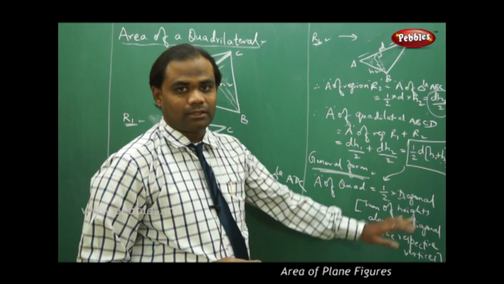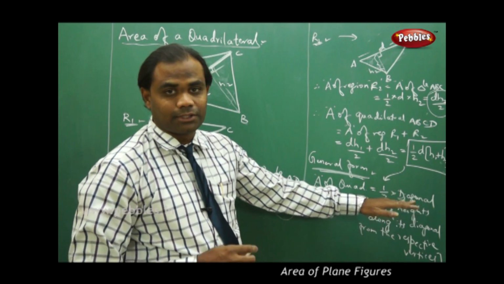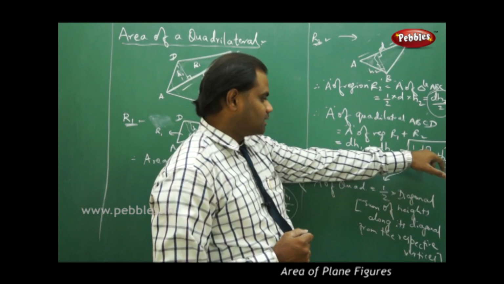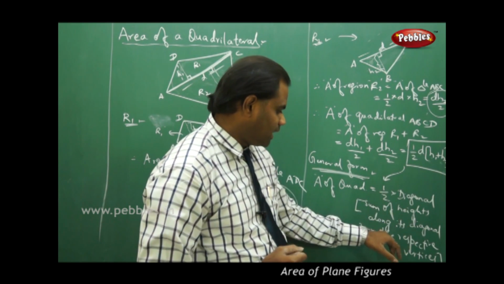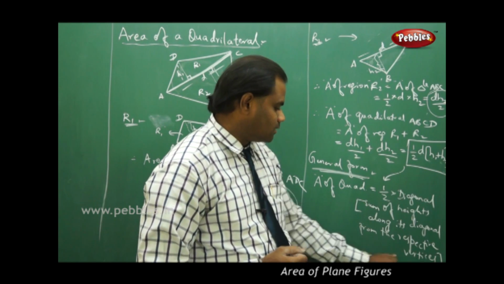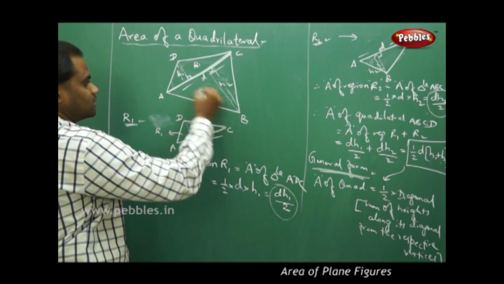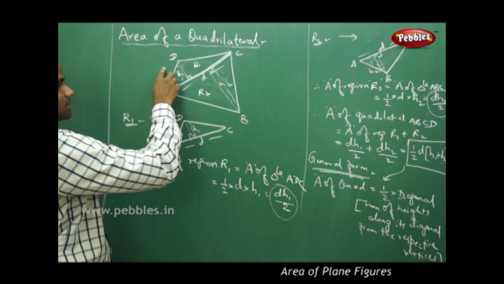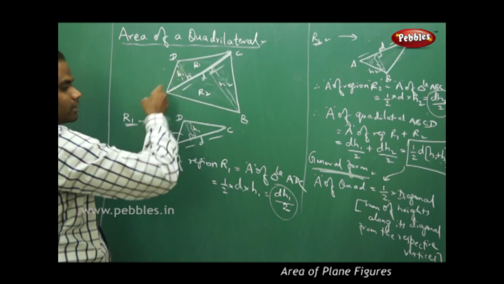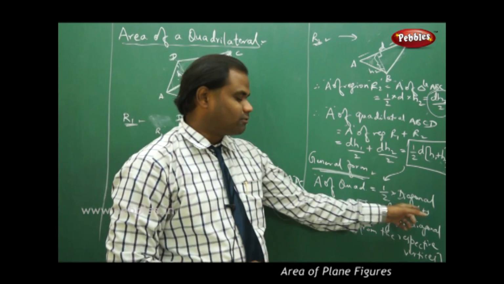So this is how I understand the area of a quadrilateral in general form, which is nothing but half the diagonal into the sum of heights taken along its diagonal from the respective vertices. Now these are the respective vertices which are taken as heights along the diagonal which is considered for finding its height.